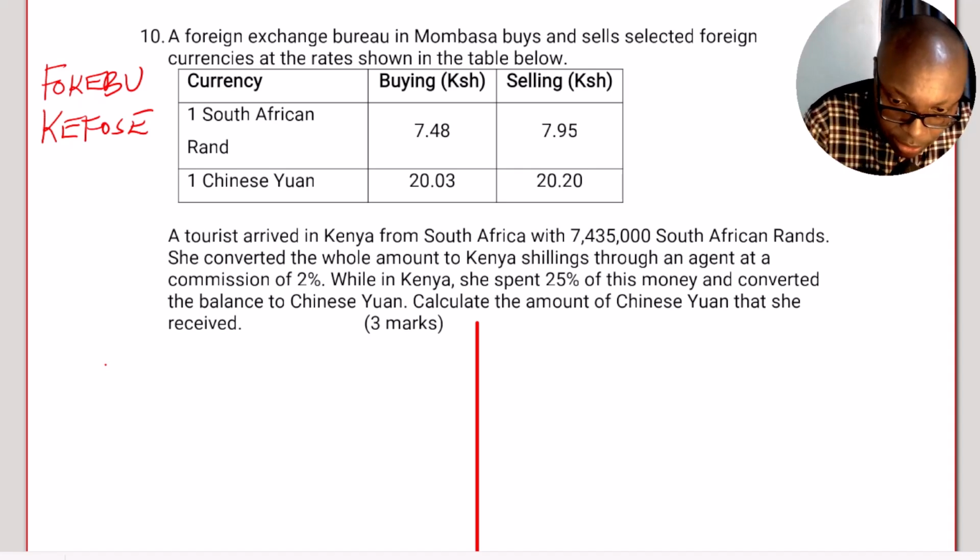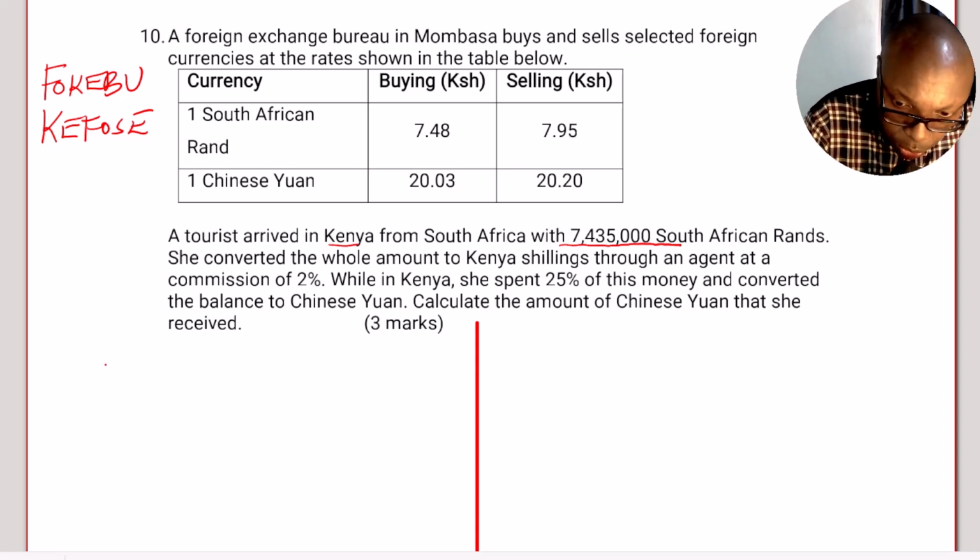Like in this case, we have South African rands that is given there, and you're supposed to convert that to Kenyan because she arrived in Kenya, so that means she must convert that money to Kenyan currency. So according to that, the fact that you're based in Kenya, you're receiving a foreign currency, so you're converting it to Kenyan currency, the foreign to Kenyan, that is buy.